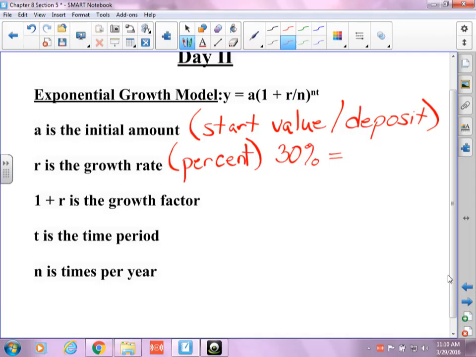What would that decimal be? 0.3 or 0.30. Either one is fine. Okay? Your growth factor is 1 plus r. Your t is the time period, and that's going to be like number of years.